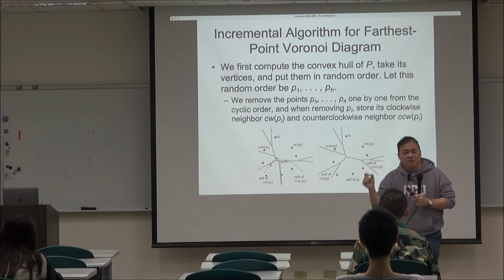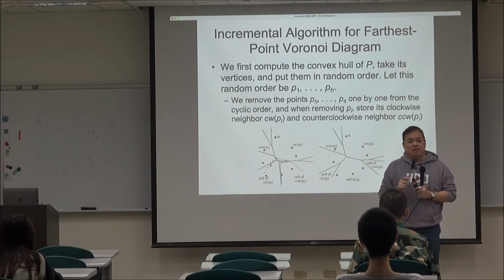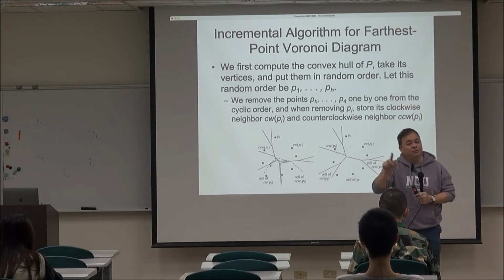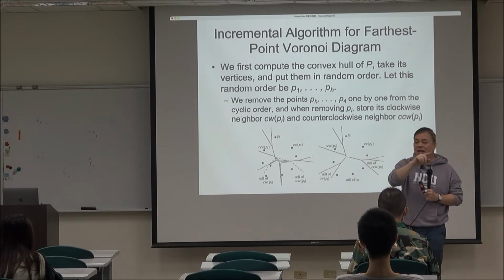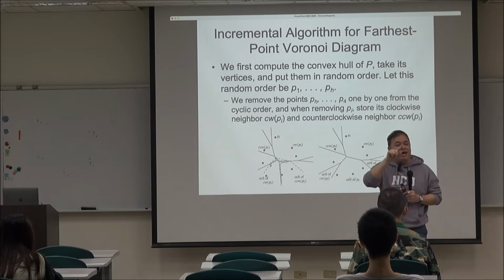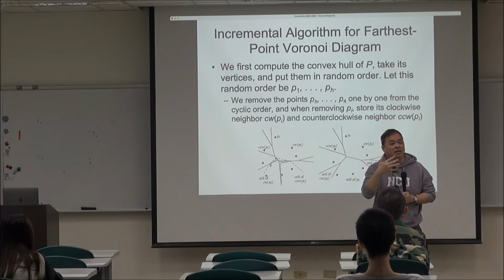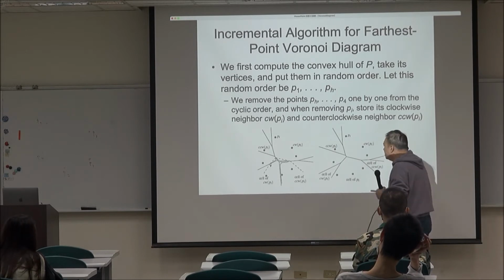And then you add in the 4th side, right? Now let's consider you already have a farthest point Voronoi diagram for i minus 1 sides. Now you are adding pi, the 1 additional side.